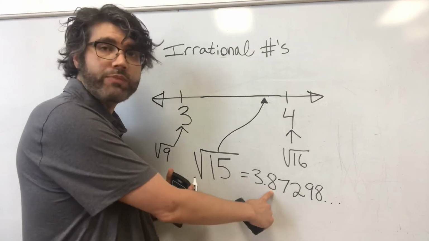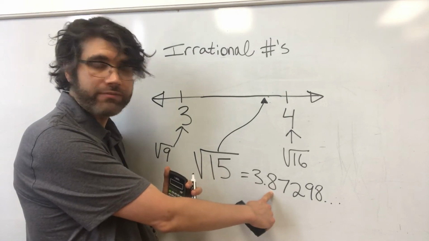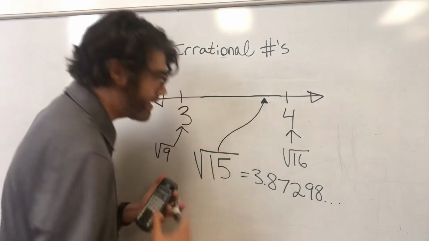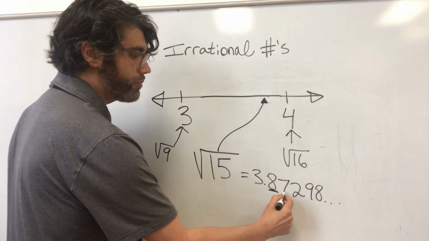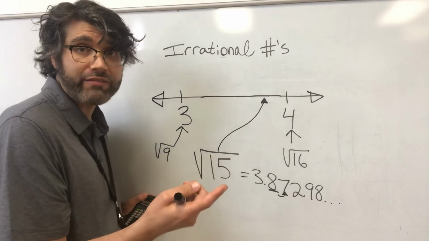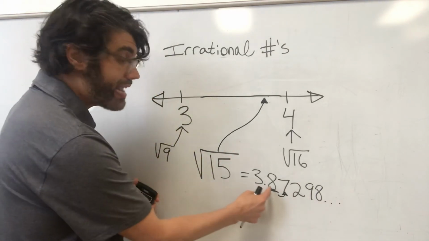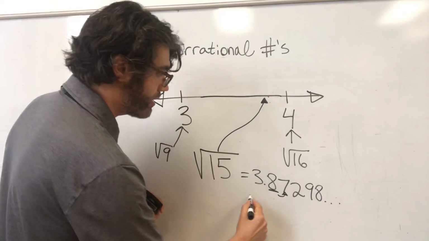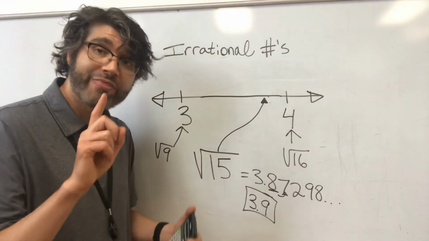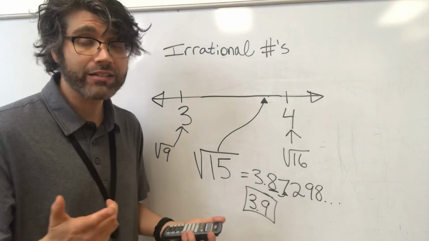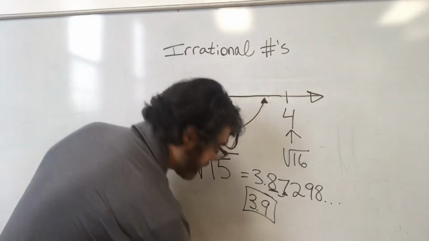What would this be rounded to the nearest tenths place? It would be 3.9, because you look at the tenths place and then you look at the number to the right. 7 is 5 or greater, and so 8 gets promoted up to a 9, so it's 3.9. Now 3.9 is a rational number, and that's a number that you can put on the number line.